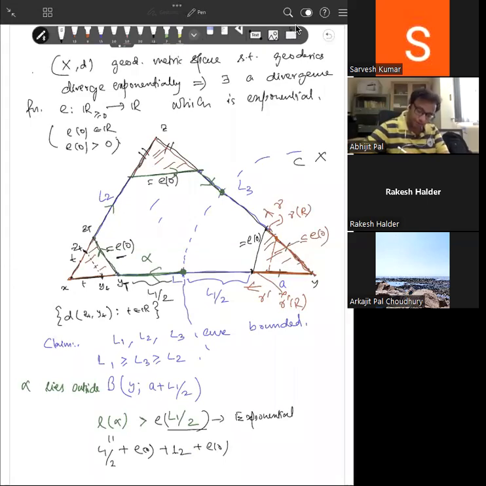So the length of alpha is exactly equal to L1 by 2 plus E naught plus this L2 plus E naught plus something, let us call it small L3. This portion, small L3. So this is greater than E of L1 by 2. And this L3 is less than or equal to capital L3.